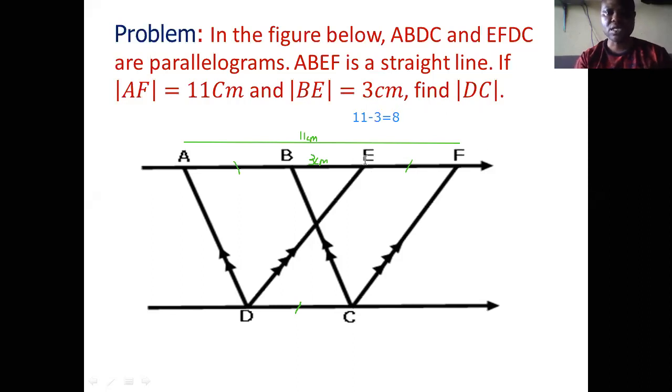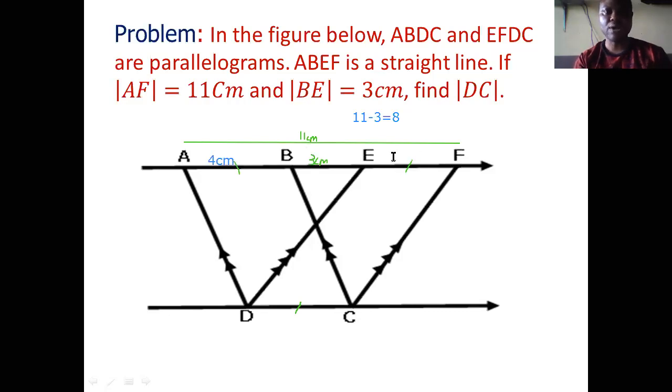That means EF and AB are 8 centimeters together. Since they are equal, AB is equal to EF and they are equal to DC. It means if I divide 8 into 2 equal parts, here I will have 4 centimeters.